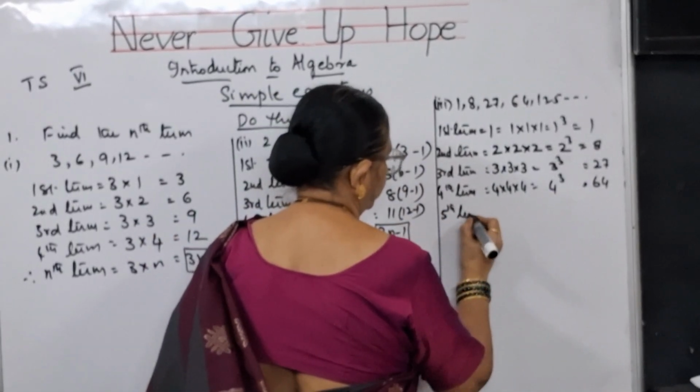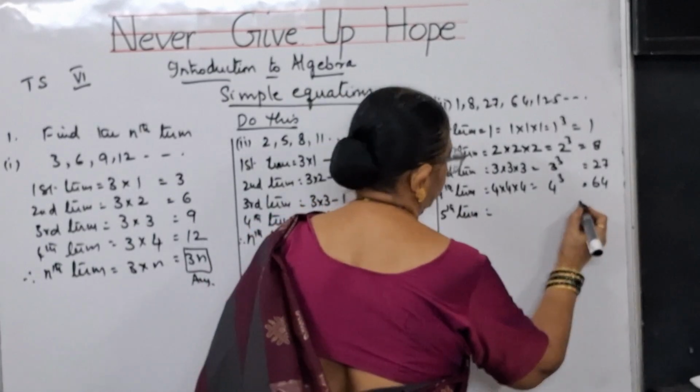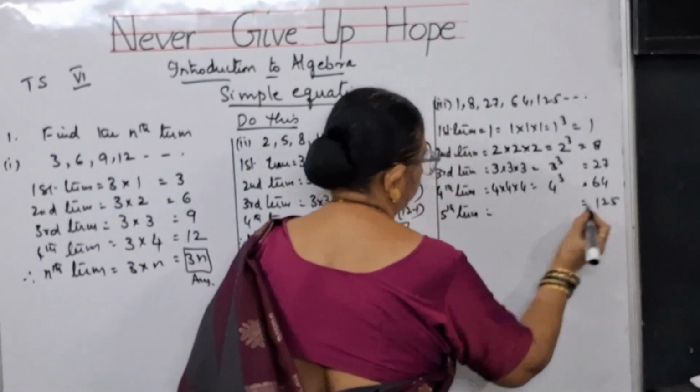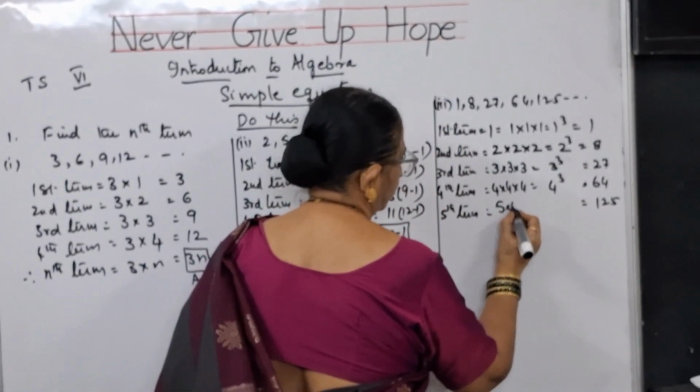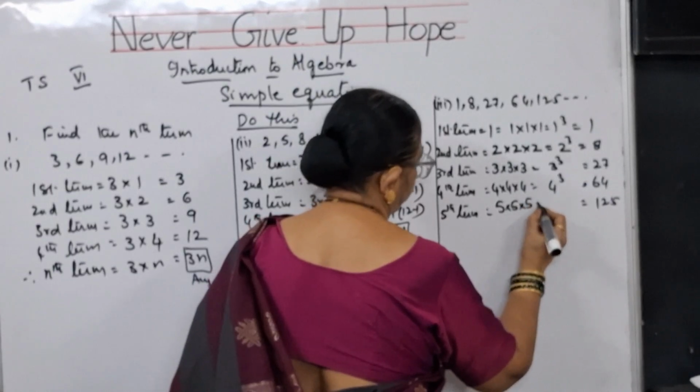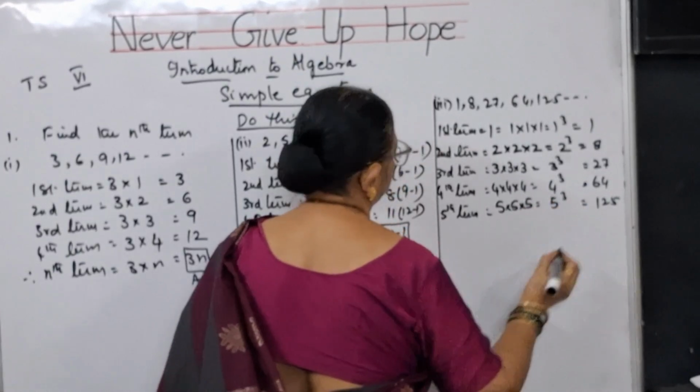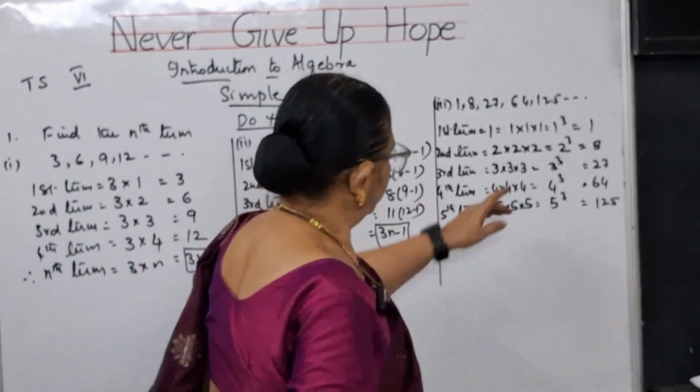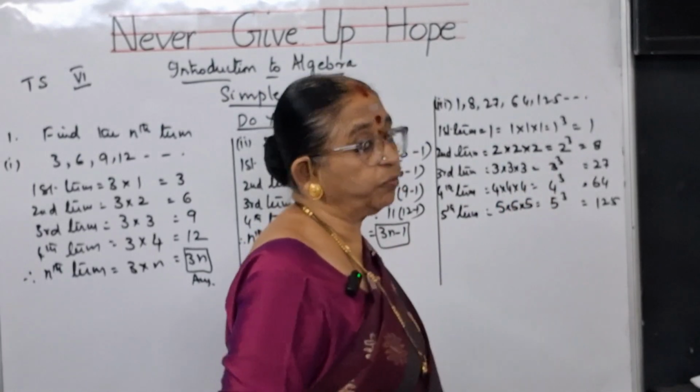Now, fifth term is 125, that is 5 fives are 25, 25 fives are 125, that is 5 cube. So these are all exponential forms, children.